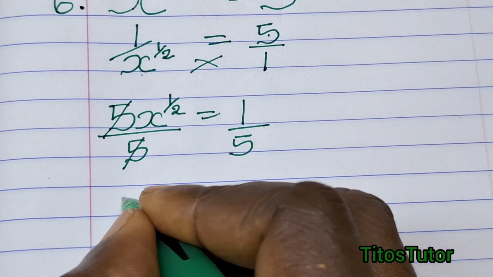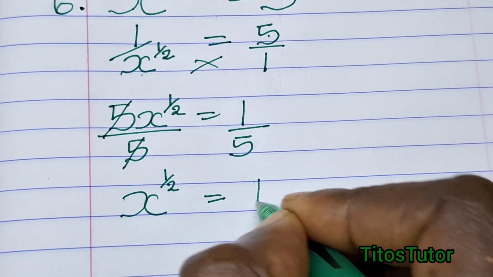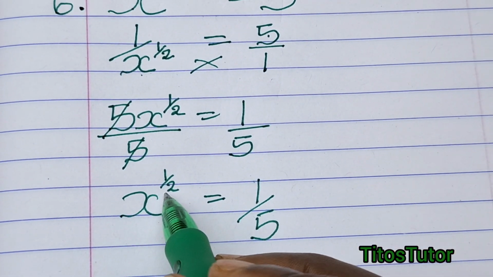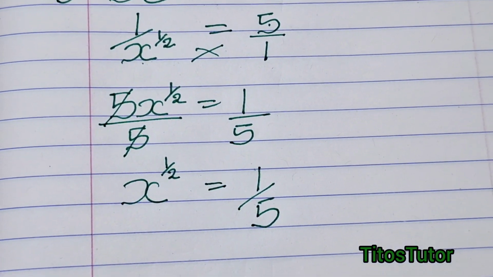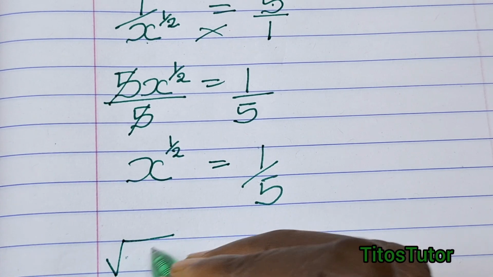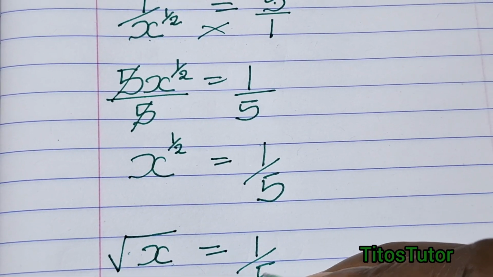Okay, so I have x raised to the power of 1 over 2 is the same as 1 over 5. So to get rid of the fraction, what do I do? Square root of x is equal to 1 over 5.